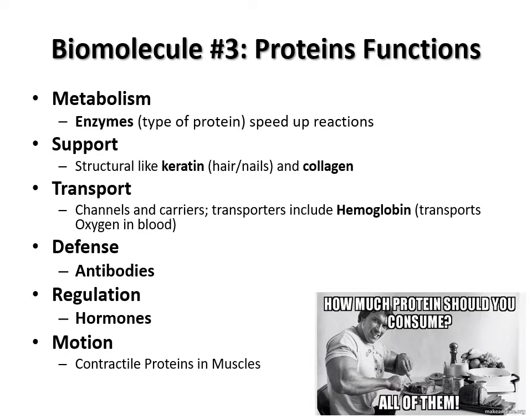Okay, so there are tons of proteins in your body. We're going to talk about them more throughout the course, but as kind of an introduction, when you think of metabolism, I want you to circle, star, highlight enzymes. Okay, circle the fact that enzymes are a type of protein.